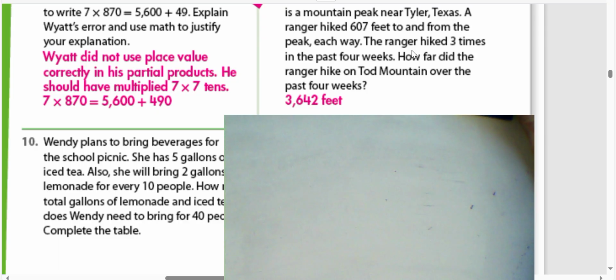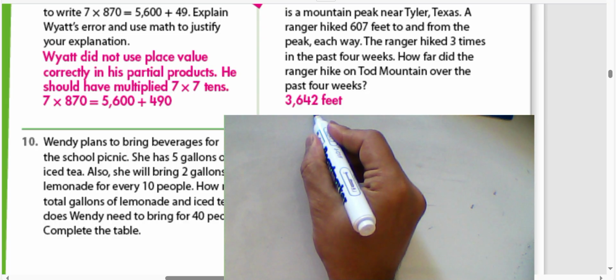The ranger hiked 3 times in the past 4 weeks. 3 times 4 times this number. 3 times 7 equals 21, and also times 4 weeks. Each week contains 7 days. He asked how far the ranger hiked over the past 4 weeks. We can multiply 2 numbers. 3 times 4 equals 12. We can go up and down.